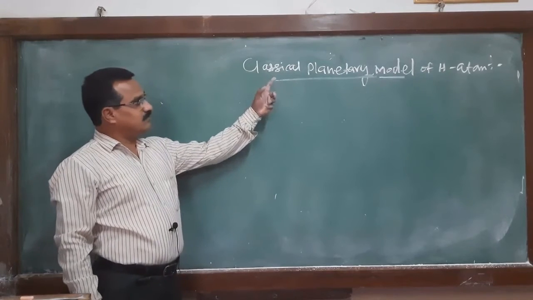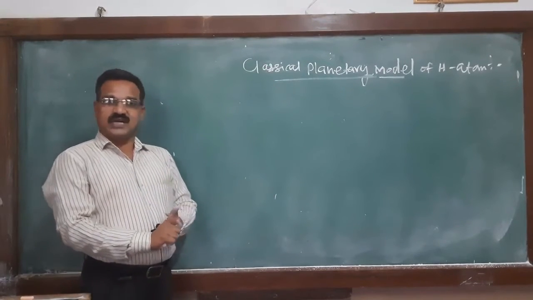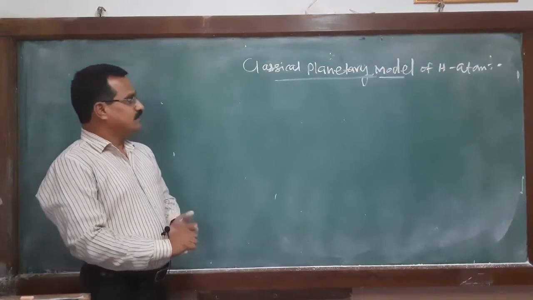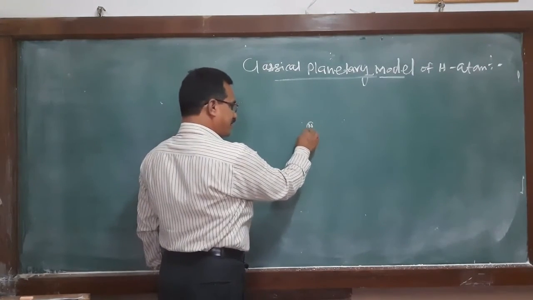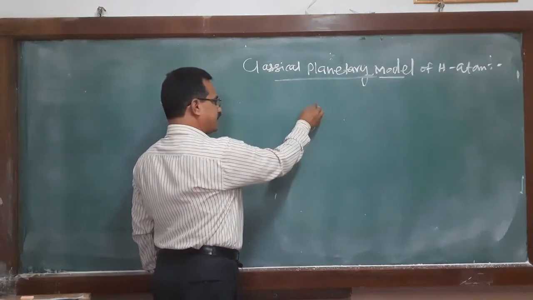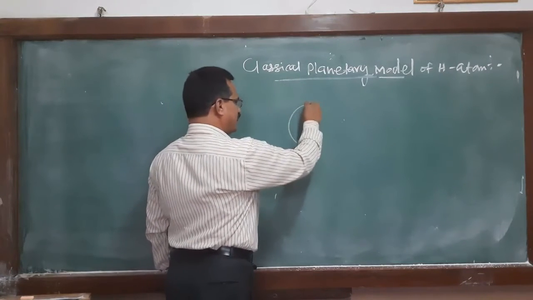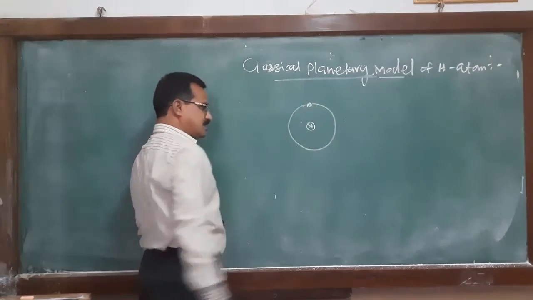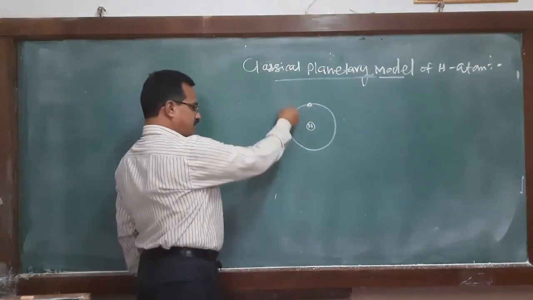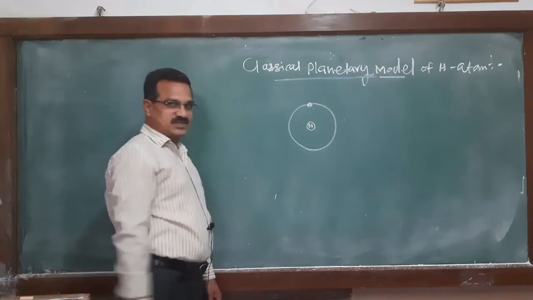In the classical planetary model of hydrogen atom, at the center is the nucleus and only one electron is present. Only one electron is there. The electron revolves around the nucleus.